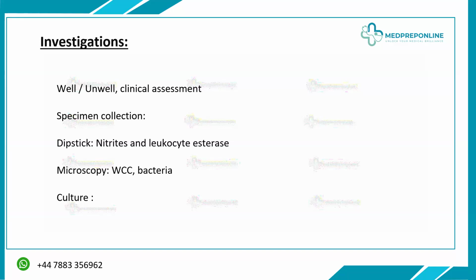And for specimen collection, it depends on the age of the child, but it is preferred to take the midstream urine, and it is sent for culture, and it is initially tested for dipstick, and then accordingly it is sent for microscopy and culture. So the preferred specimen is midstream urine, but sometimes the pad sampling needs to be done in case the child is very small, but it is not encouraged.